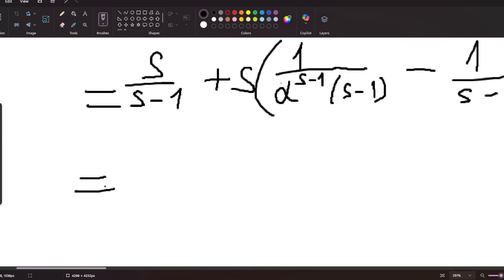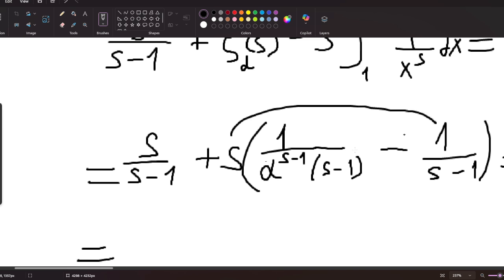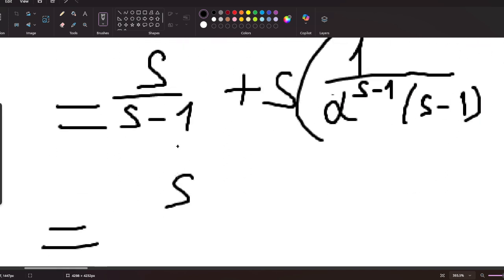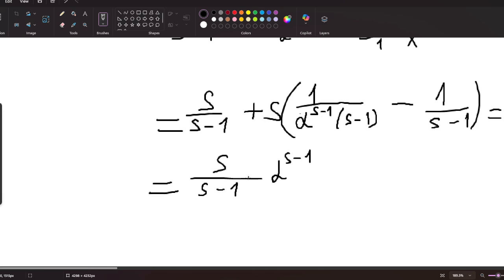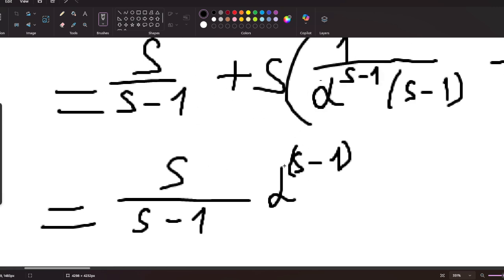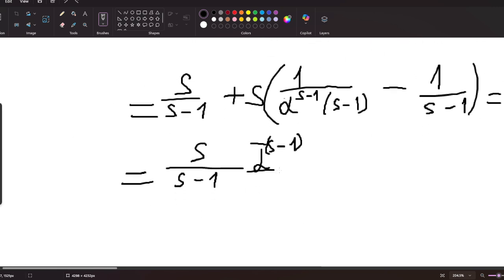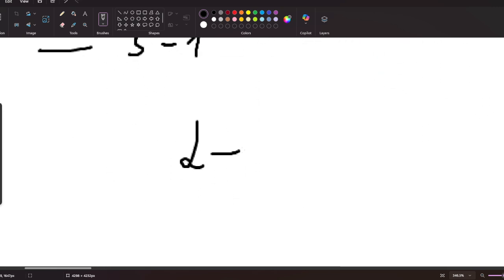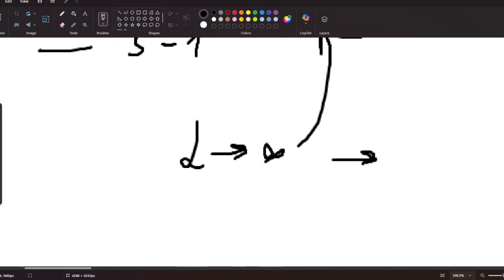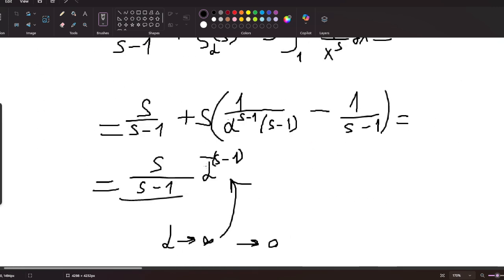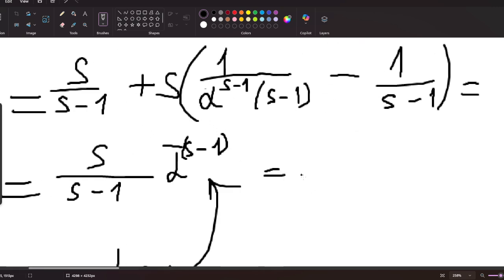Now what we have here is to multiply this, then this cancels out, and the only thing we have left is s over s minus 1 times a to the power of s minus 1 times minus 1, so minus s minus 1, and as a approaches infinity, this thing over here is going to approach 0, so we get just 0.